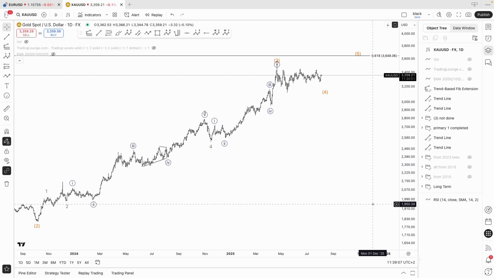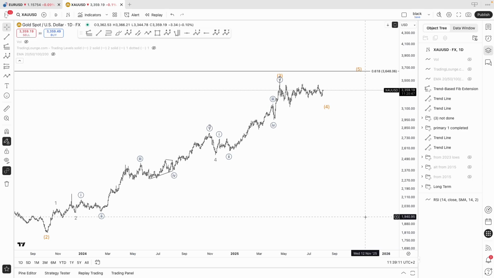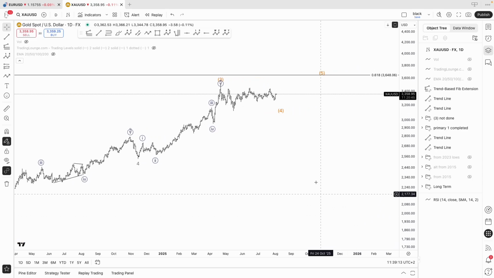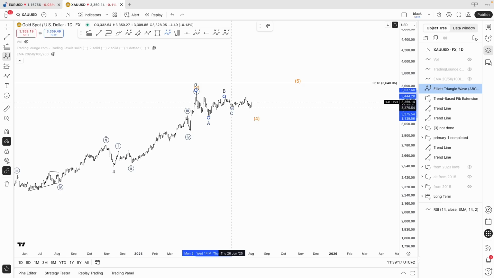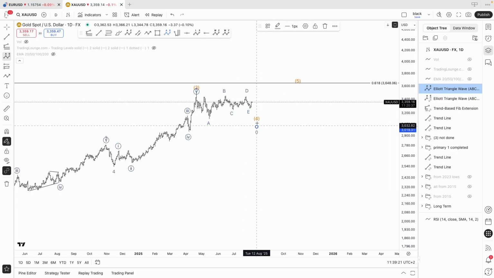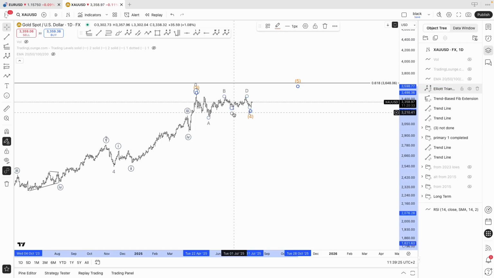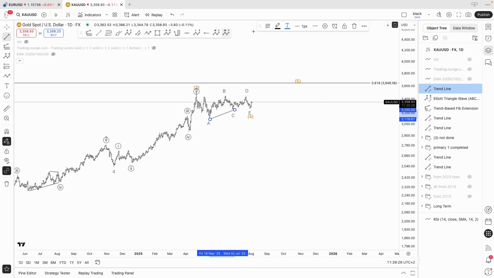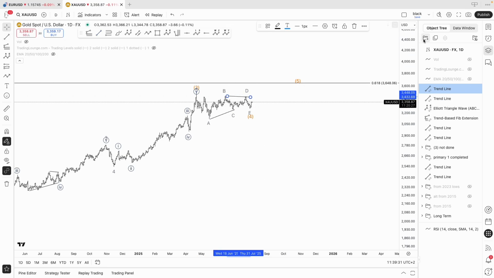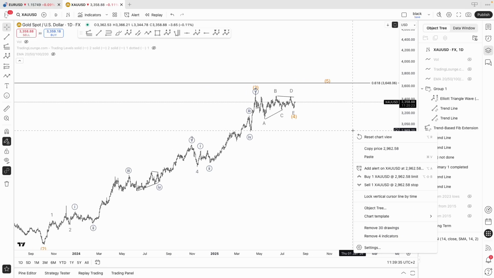So at this point, I have two main scenarios which I think are possible. One is the usual classic evergreen, I'd say, triangle in wave 4, which would mean we have a bottom in place. So that's one way to look at it.